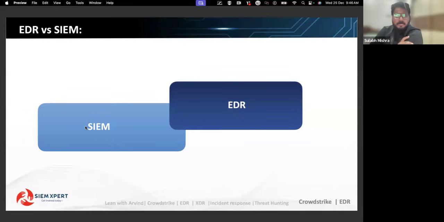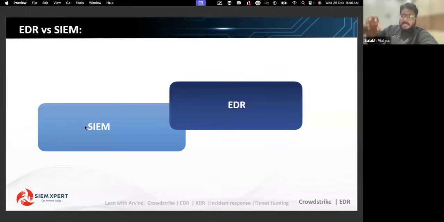So if I want to be precise, on the differences between the EDR and SIEM: SIEM you already know. It is mostly for data collection. It is for collecting information from multiple sources and centralizing it in one place, and then creating correlations between those events to create detections based on the correlation rules that we give.